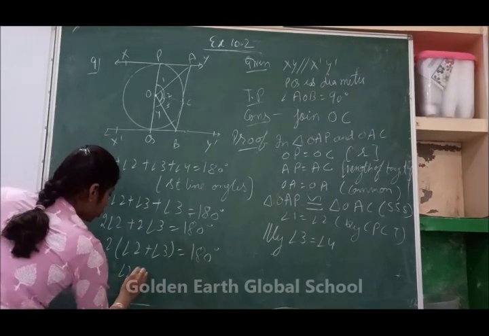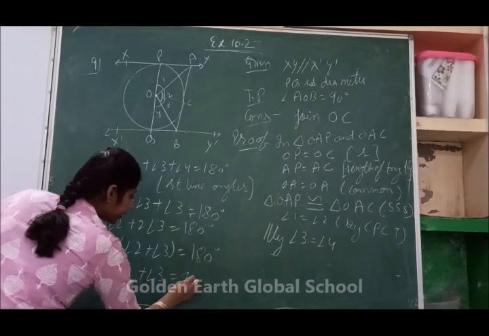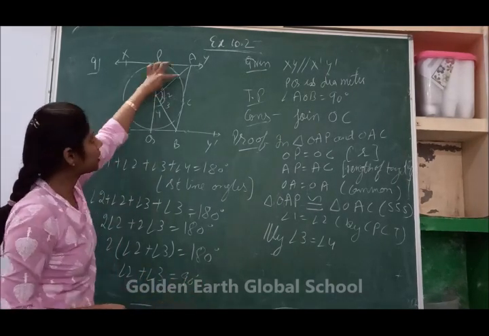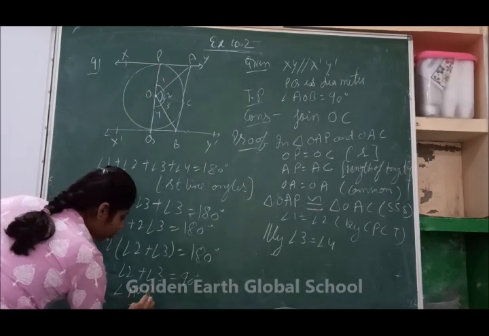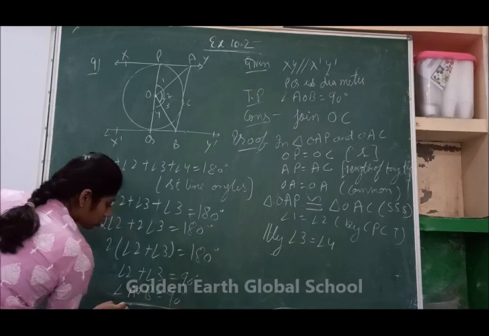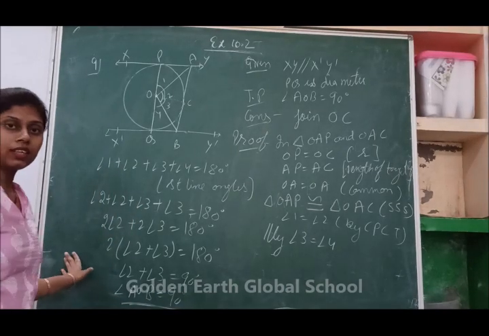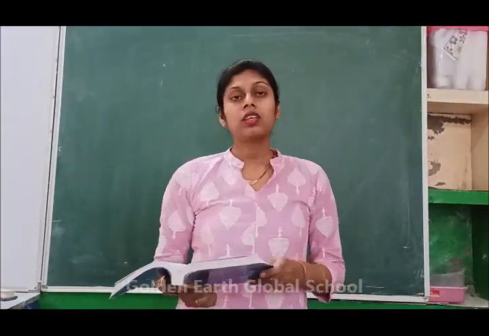So angle 2 plus 3 is equal to 90 degree. What is angle 2 plus 3? This is angle AOB. So we have proved angle AOB is equal to 90 degree. Clear? This question number 10 you have to prove by yourself. Read the statement, draw the figure and prove it. Next I will discuss question number 11.